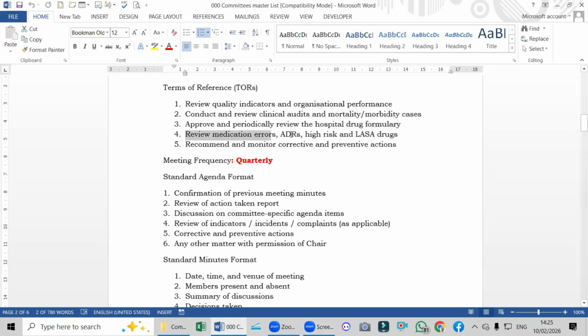Then review medication and near-miss errors, adverse drug reactions, high risk and look-alike drugs, etc. Recommend and monitor corrective and preventive action. Now, normally in a small organization, this always becomes too much of a burden, and that is one of the reasons why people don't want to go into accreditation.